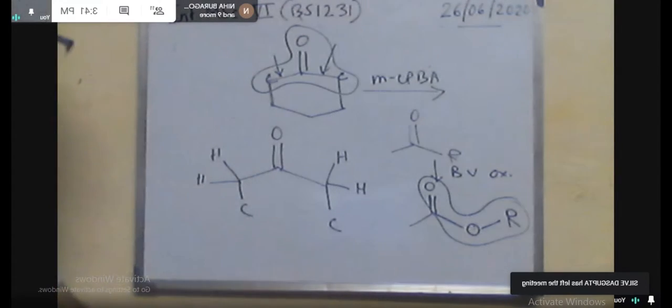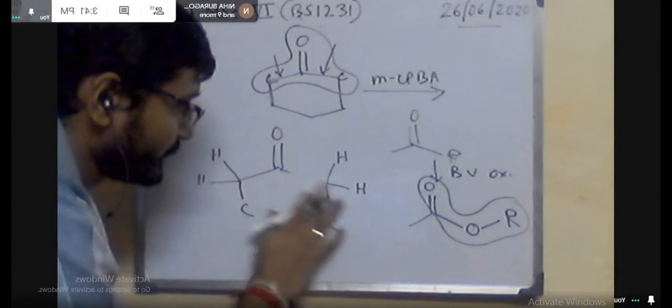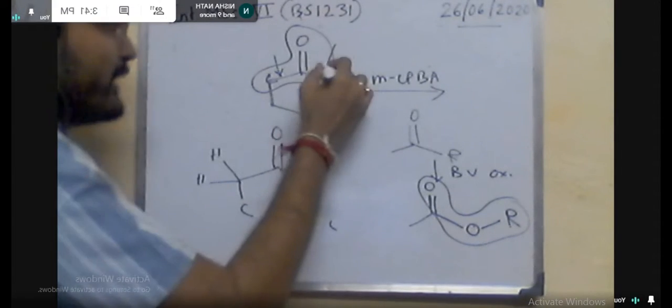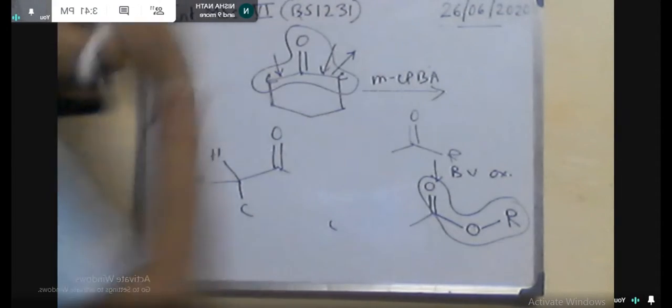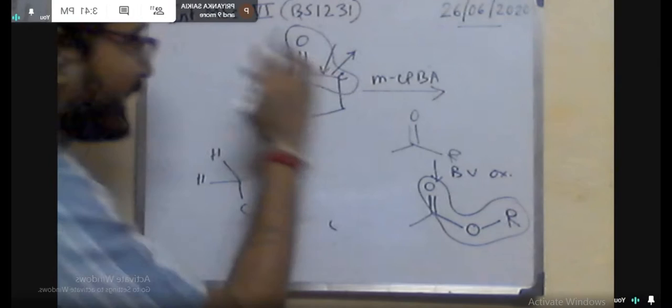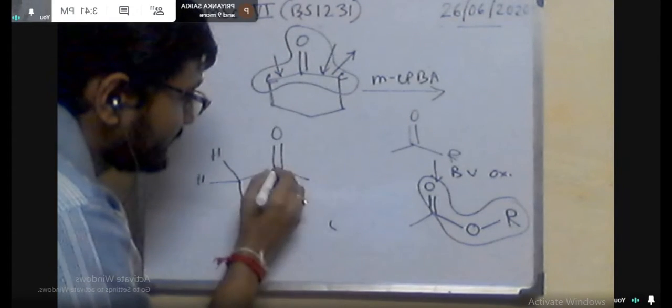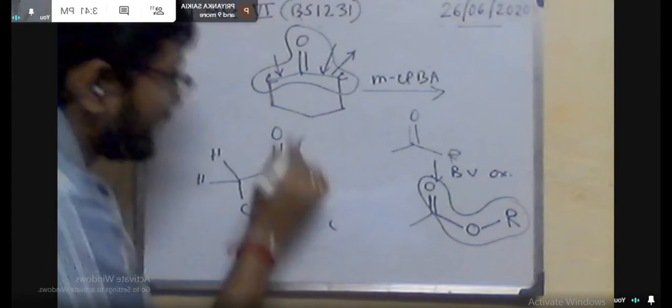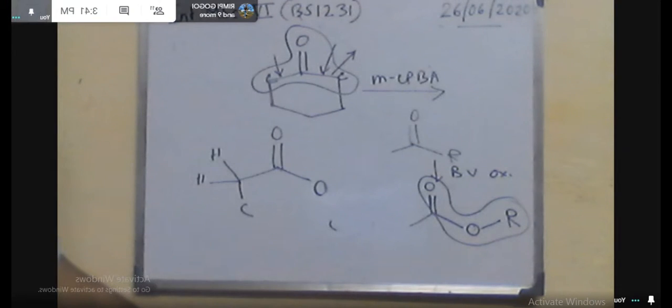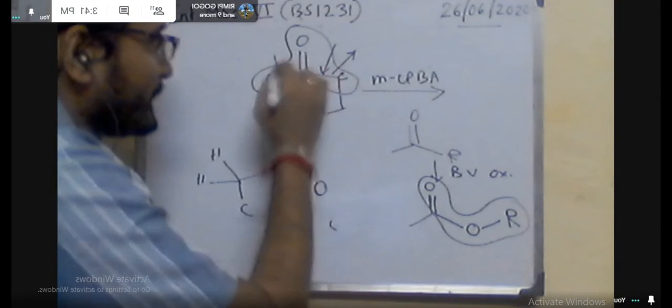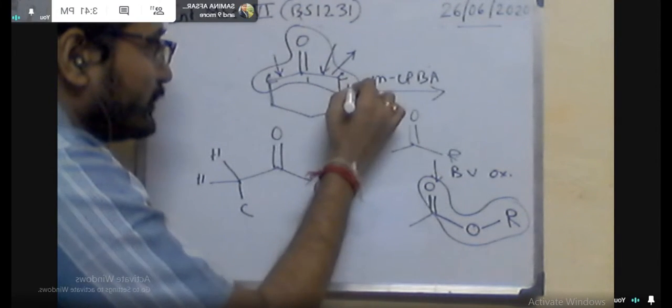The number of total carbons will remain fixed, and this is basically ring expansion, because another atom, that means oxygen, is added in this ring. So the total number of atoms will be 7, because 6 carbons and 1 oxygen are present in this ring system.